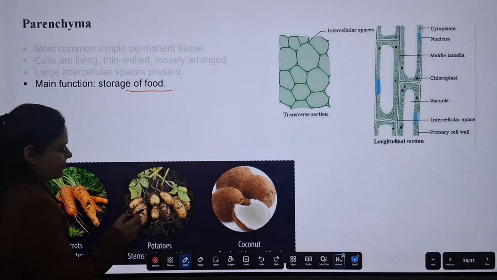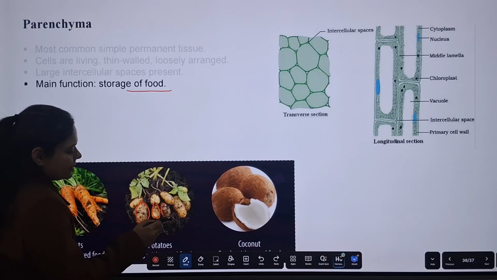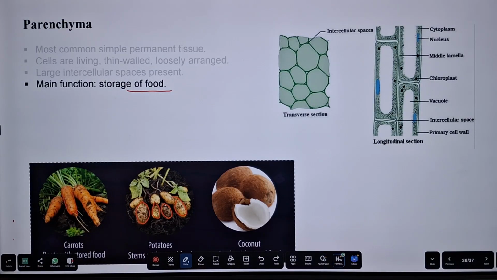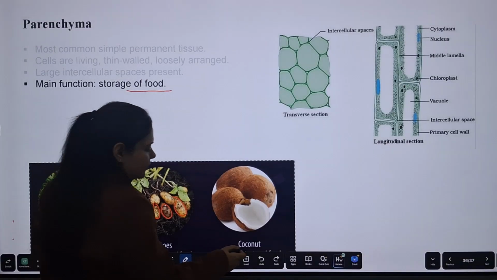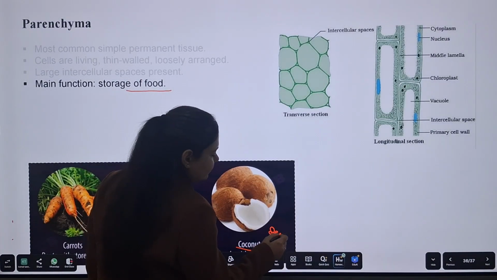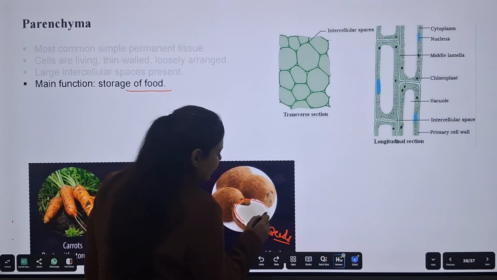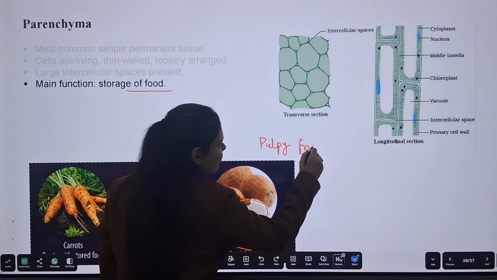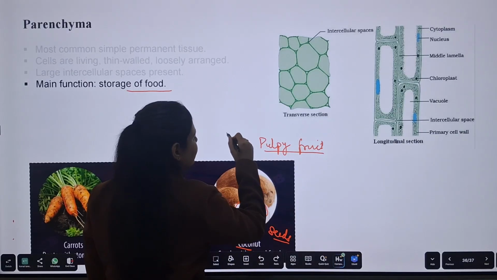Potatoes, underground stems, store starch in starch granules in parenchyma. These granules are present in parenchyma cells. And then coconut, which are basically seeds, store food. All the pulpy material in fruit is made up of parenchyma, and they store food.